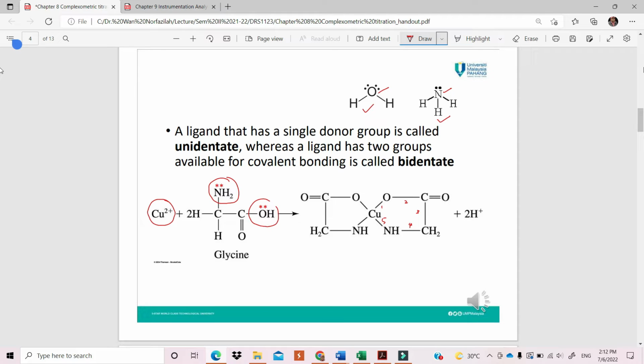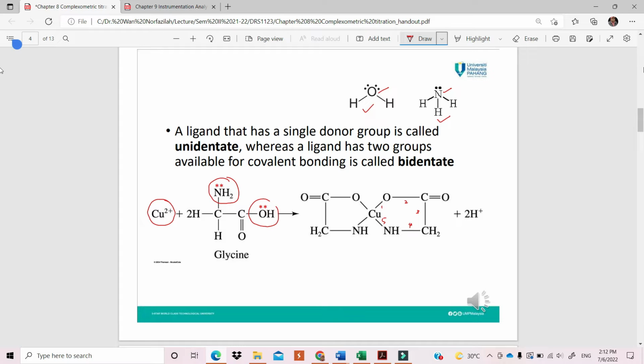But chelating agent for those who have 2 or more group that can use their unshared electron to form bonding. Okay, and then for a ligand that has only 1 donor group, we call it as unidentate. Ligand with 2 donor group, bidentate.